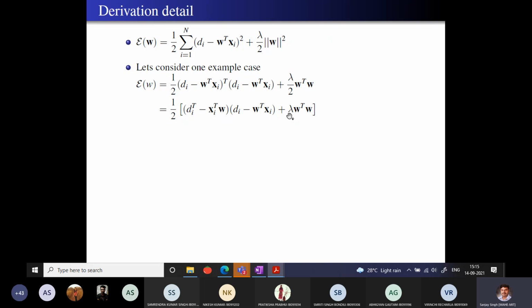This remains as it is, and the 1 by 2 I've taken common, so lambda w^T w goes out. Now we keep multiplying, it's a simple multiplication. And remember that this is just a constant term, so it doesn't affect anything, but let it be like this, no issue.